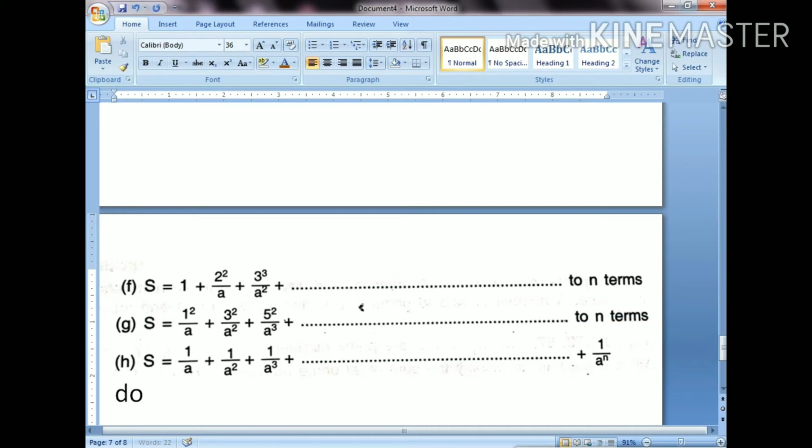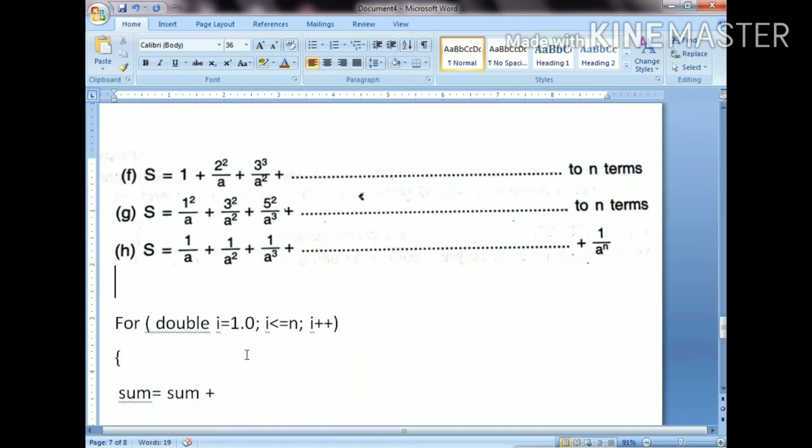I just make some differences like I use Math.pow(I, I), that means 1 power 1, 2 power 2, 3 power 3.